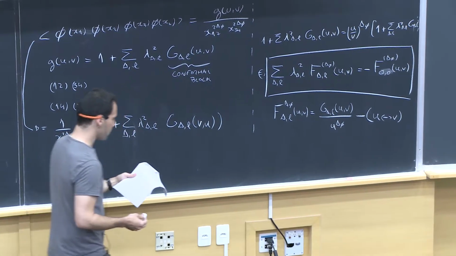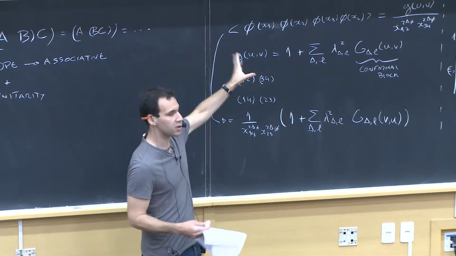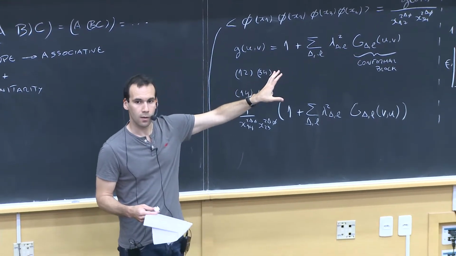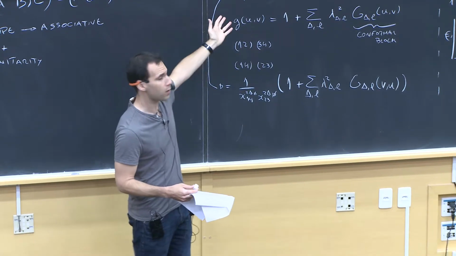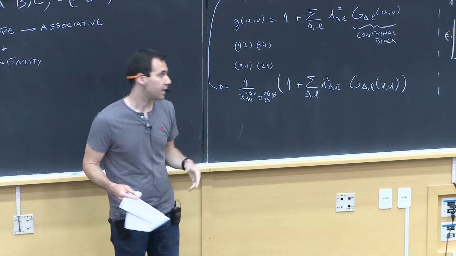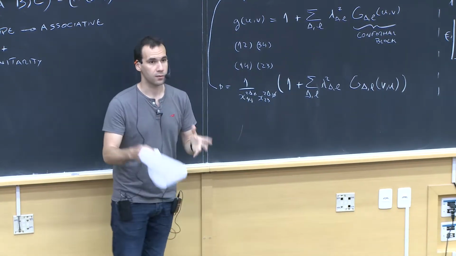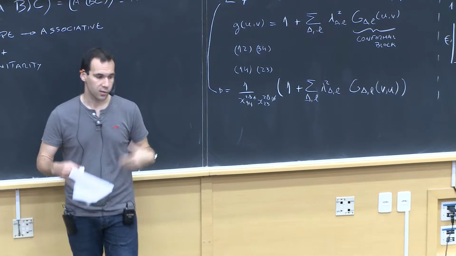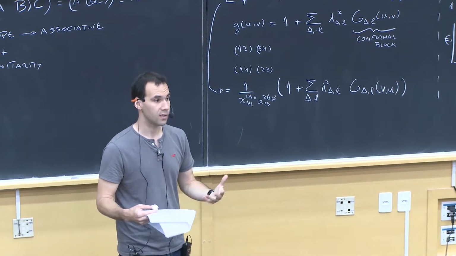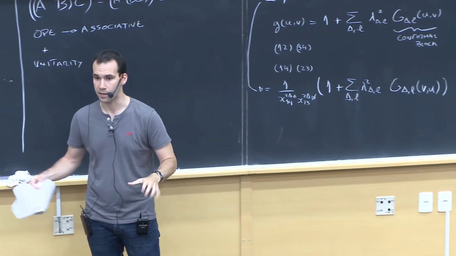So it's believed that, this is one particular crossing equation, but you could play this same game for any 4-point function that you want in the theory, and it's believed that if you can solve the constraints for all sets of 4-point functions, then the solution space of these constraints is the same as the space of consistent CFTs, at least on the plane.